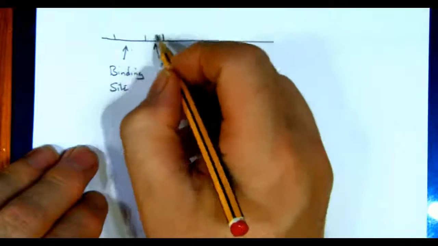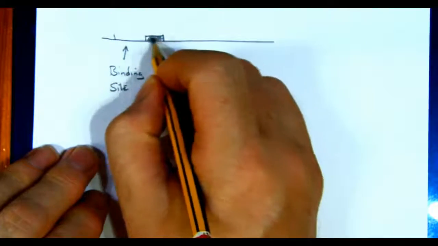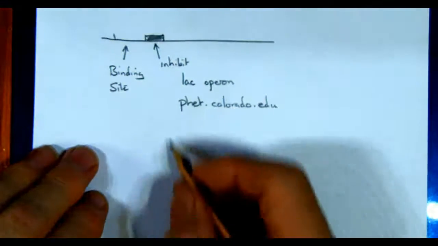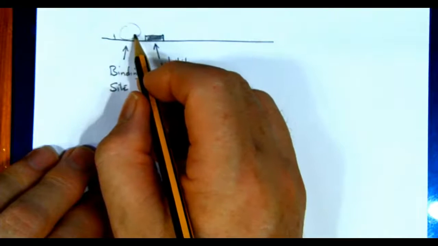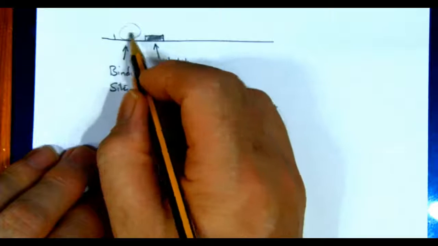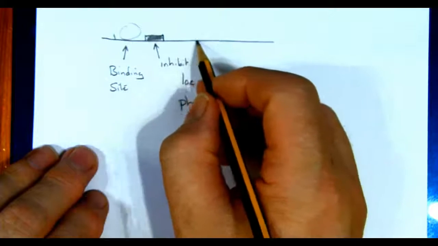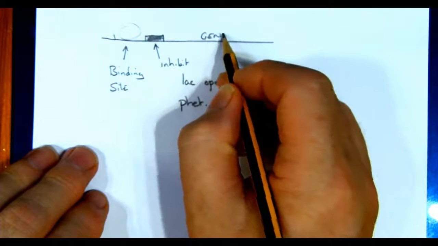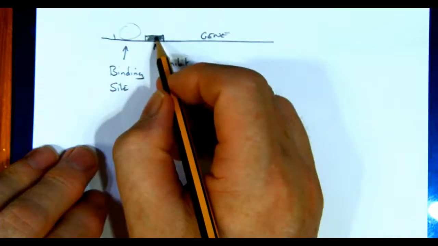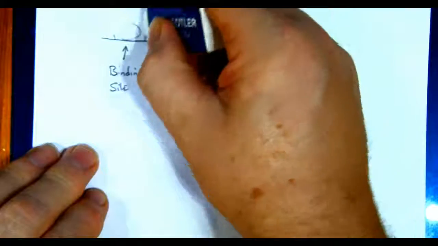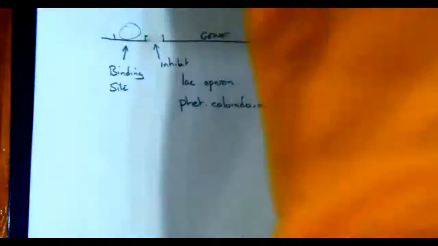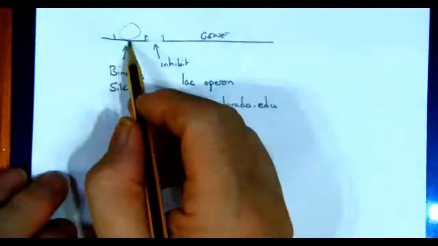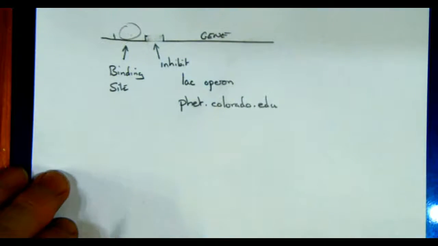And basically, if I can block this with an inhibitor, then my RNA polymerase, our enzyme complex that's going to code for the actual gene, isn't going to be able to get through. Only if this is unblocked will it be able to go through and produce the gene.